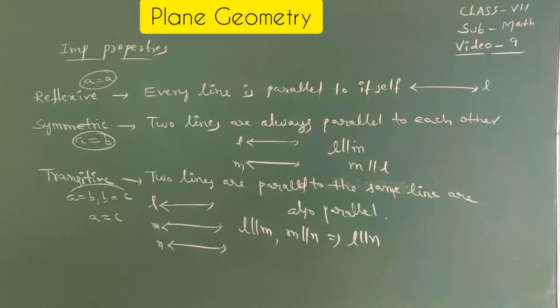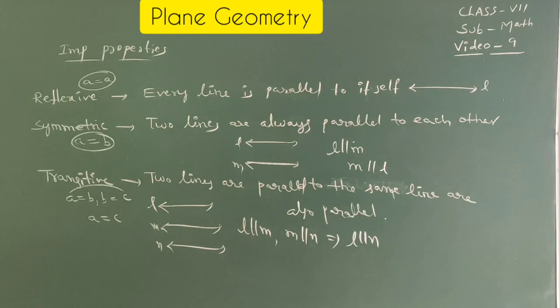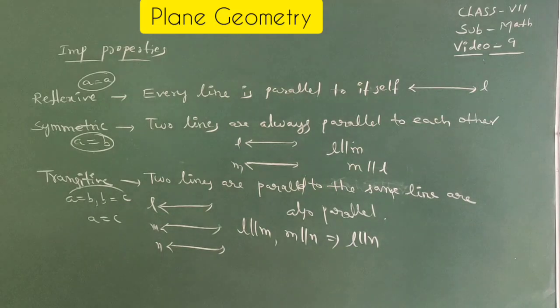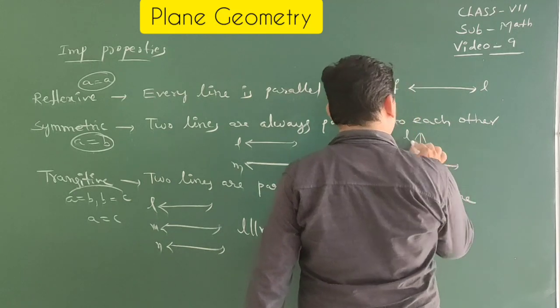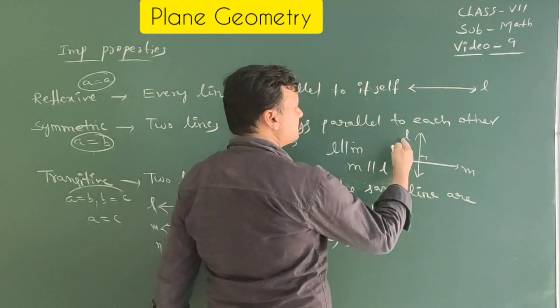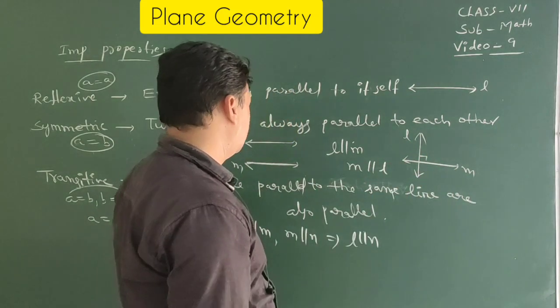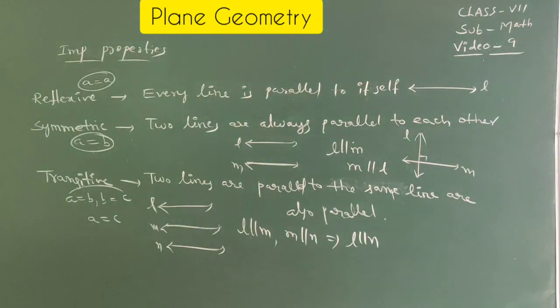L perpendicular to M means M is also perpendicular to L. Consider these two lines L and M. L is perpendicular to M, and M is also perpendicular to L. In this way we can prove these results.